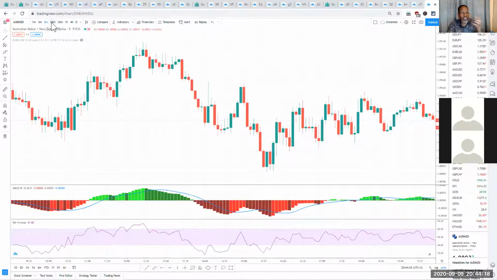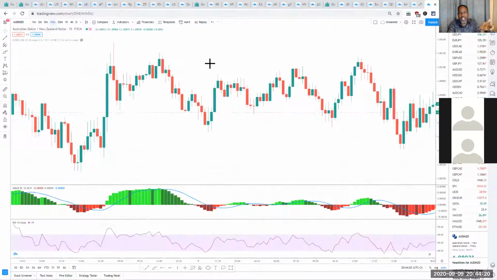So if I go to a 15-minute chart, for example, this is now a 15-minute chart. It's different from the 5-minute chart, but now it has more information because one candle is 15 minutes, all right? And a 15-minute candle will have 3 5-minute candles inside that particular candle.